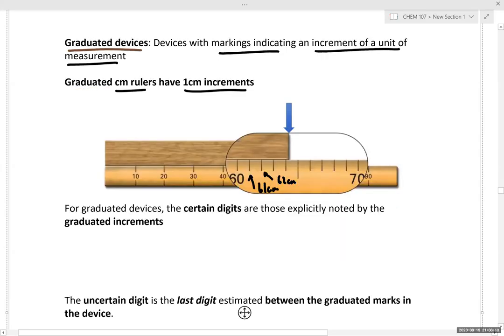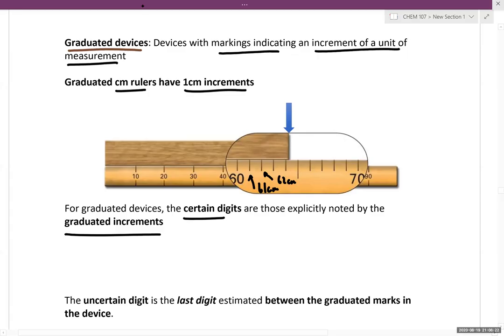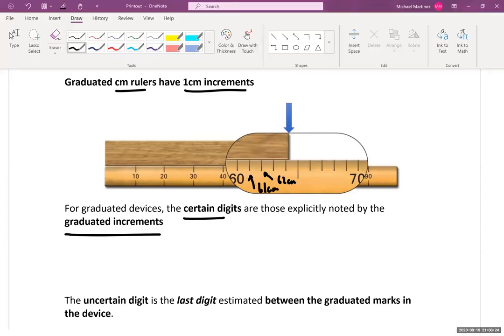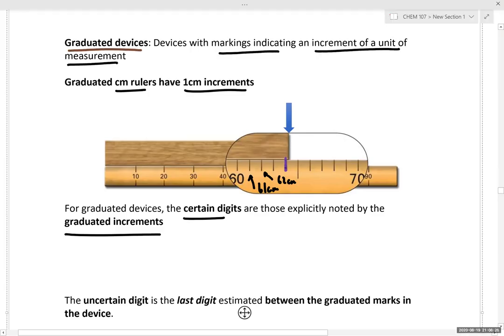For graduated devices, the certain digits are explicitly noted by your graduated increments. So looking here, we have this clearly marked graduated increment that corresponds to 64 centimeters. Looking at the length of this wood block, is it greater than or less than 64 centimeters?